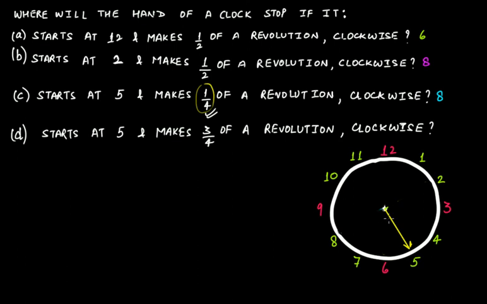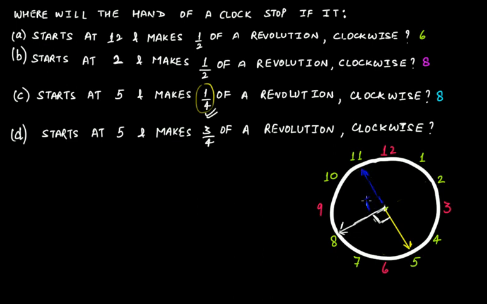So the first right angle will be when it is at 8. This will be the first right angle. The second right angle will be when it again travels through 3 intervals, the first interval, second interval and third interval. So it means that it should be at 11.